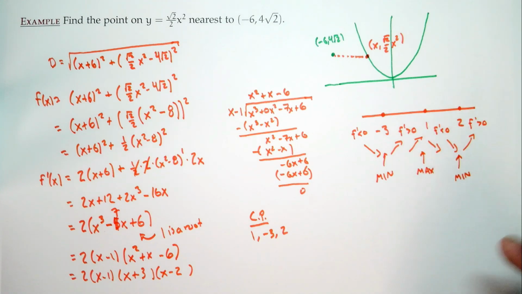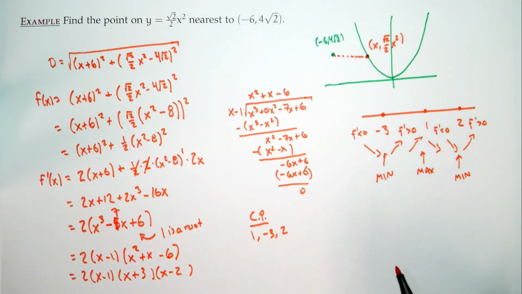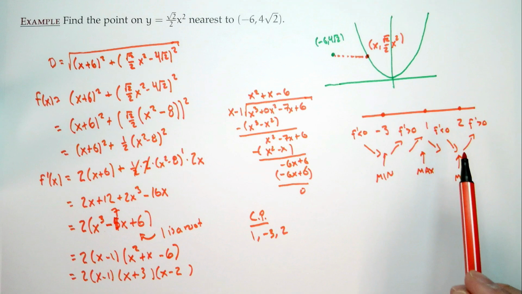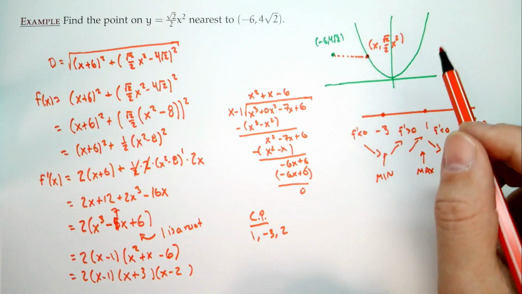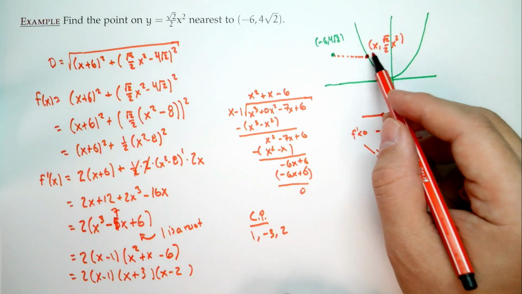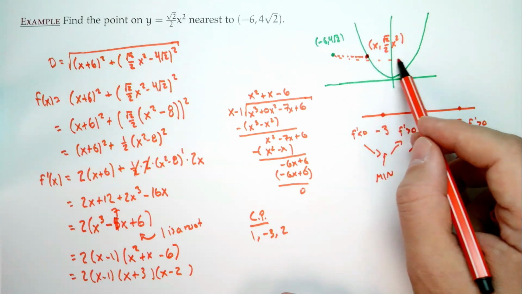Okay, so what is it? Is it negative 3 or is it 2? Here would be a time when we could either plug both negative 3 and 2 in and see what happens, or we say, look at the picture. Does it make sense to say that the nearest point is here, or that I should go all the way across?